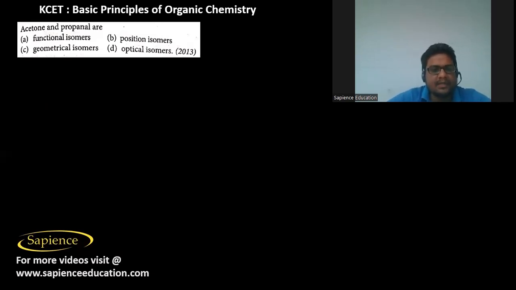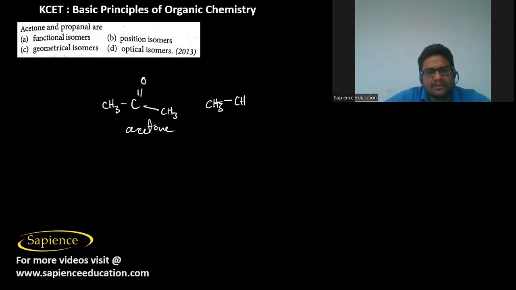And acetone and propanal are, acetone means CH3COCH3, which is the acetone, or it is called propanone, and propanal is CH3CH2CHO.